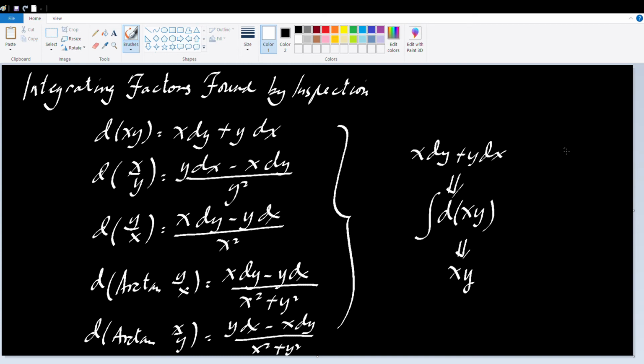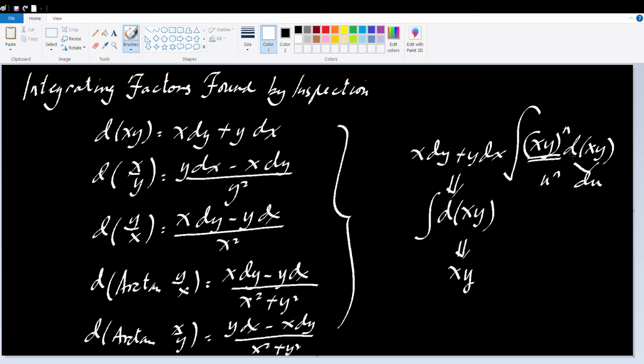Whenever you have the differential of xy, a convenient coefficient for this is a power of xy, say xy raised to some power n, so that when you integrate, you can apply the power formula by taking xy to the n as your u to the n and the differential of xy as your du.